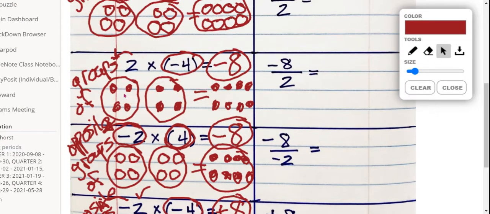All right, so you're on the second example. So this -4 is what you have inside the group. You have 4 negatives, and the 2 times that means you have 2 groups of them. So 2 times 4 is 8. They're all negative, so your answer is -8.